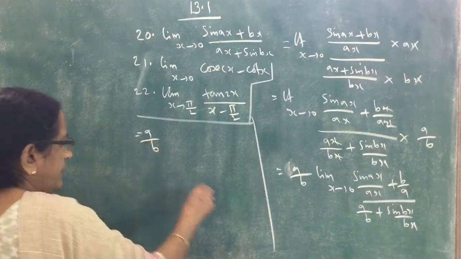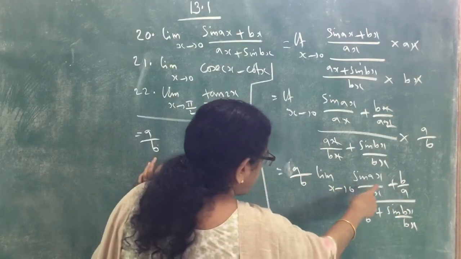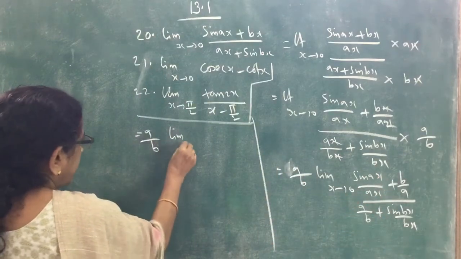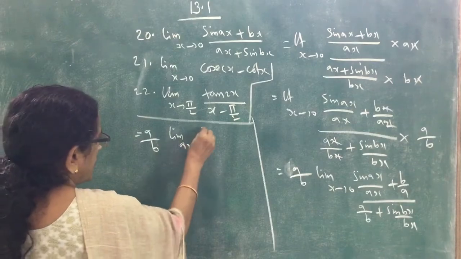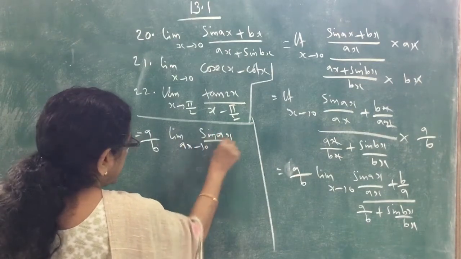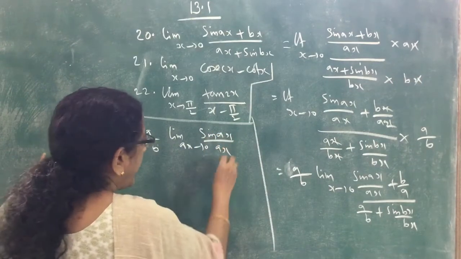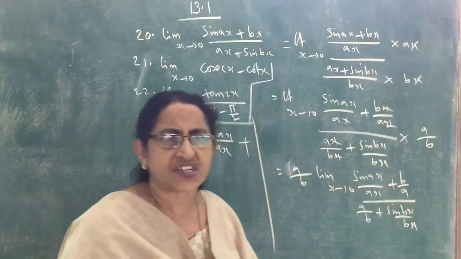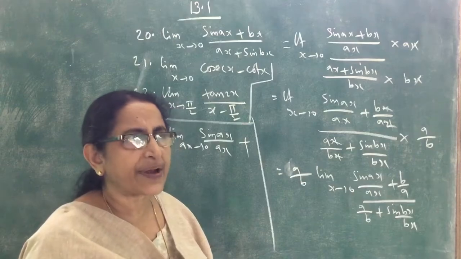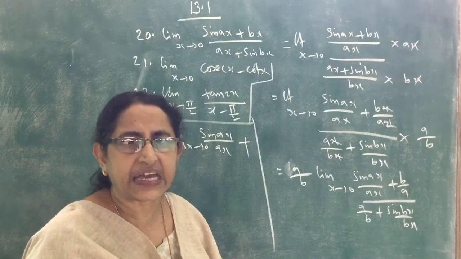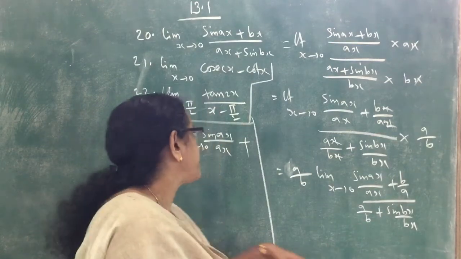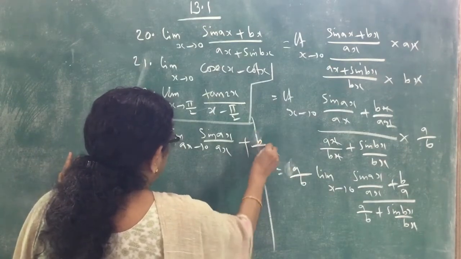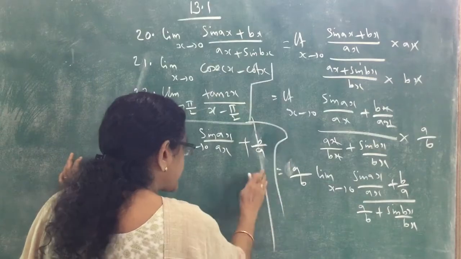For this term I write the limit as ax tends to 0 of sin ax divided by ax, and plus, b by a is only a constant. When we apply the limit, we get the same constant b by a, so there is no need to write the limit.